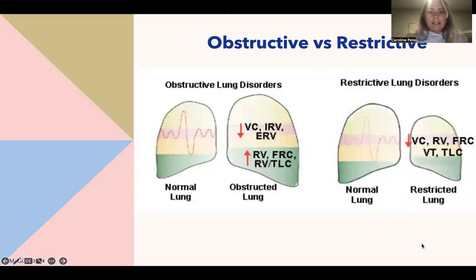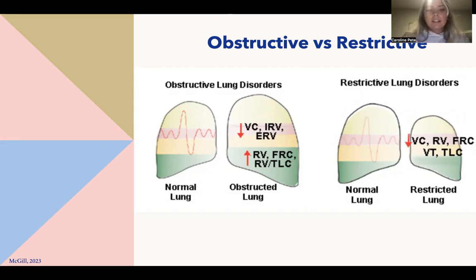To put it in perspective, here's an image of a normal lung compared to an obstructed and restricted lung. You can see that the obstructed lung right here appears larger than a normal lung, and the inspiratory capacity, inspiratory reserve volume, and expiratory volume decrease, while the residual volume, functional residual capacity, and total lung capacity increase.